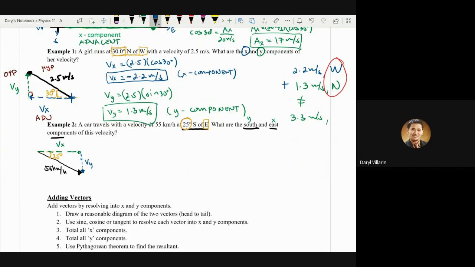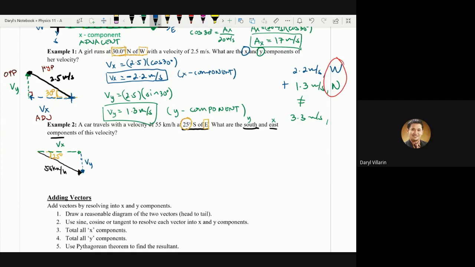You cannot draw it going up because it is the projection from the point of your resultant vector towards the y-axis. That's why it's pointing downward. It's not pointing upward, okay? It should be pointing that way.